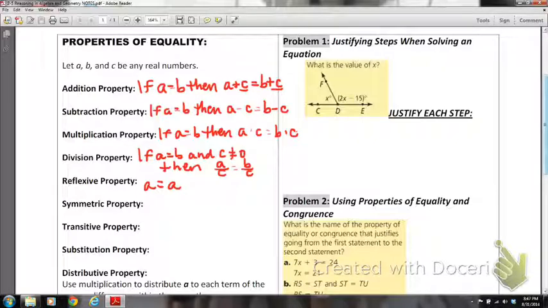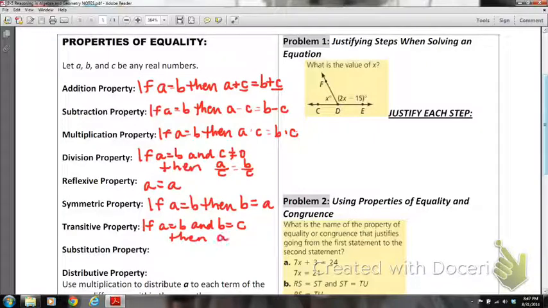Symmetric property says that if A equals B, then I can exchange those and say that B equals A. The transitive property says that if A equals B and B equals C, then A has to be equal to C. So if two things are equal to the same thing, then they have to be equal to each other.